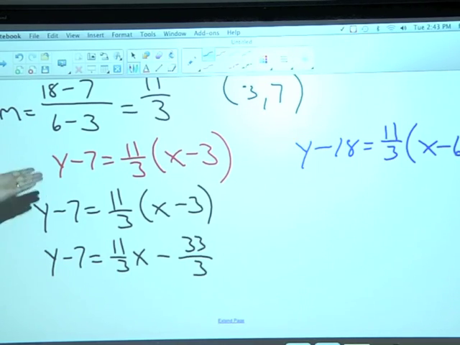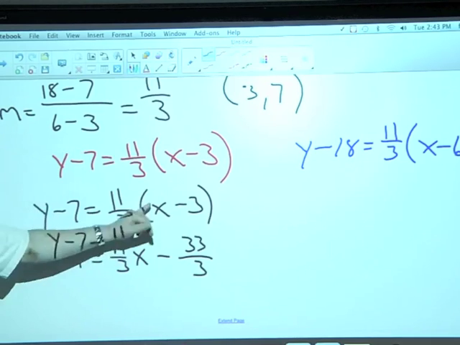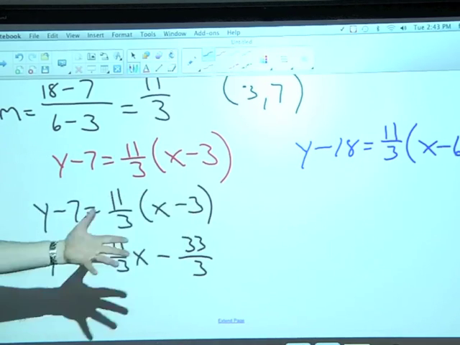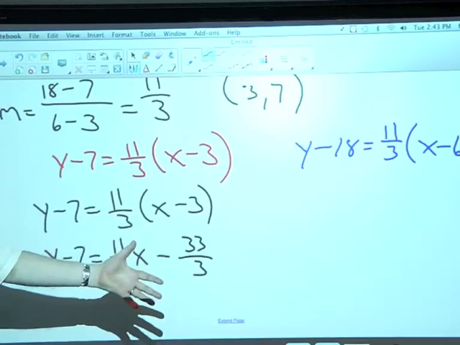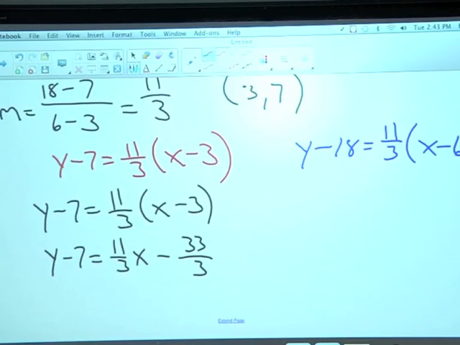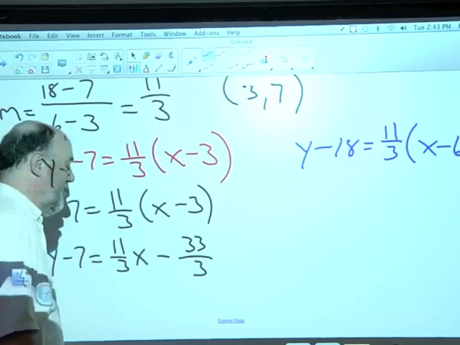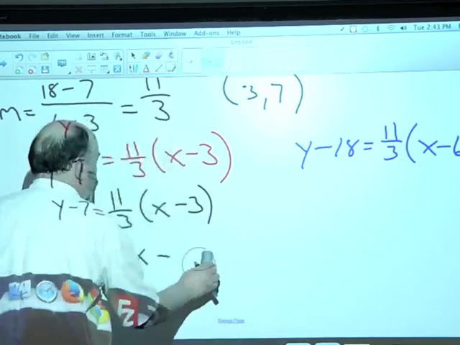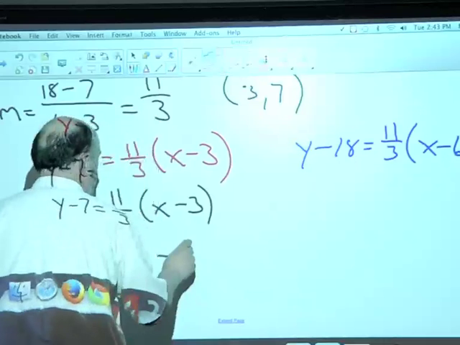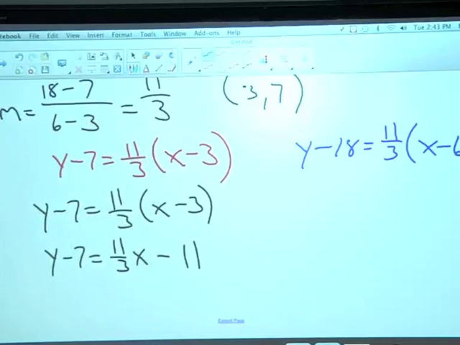Now, of course, 33/3, because this was a 3, this was a 3, it works out nicely, so it wasn't really all that bad as far as fractions were concerned. Because after all, what is 33 over 3? 11, right? So this will become just an 11.